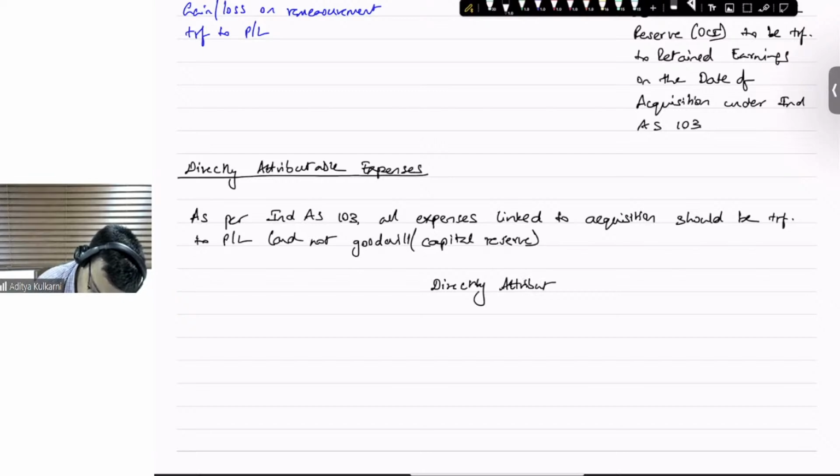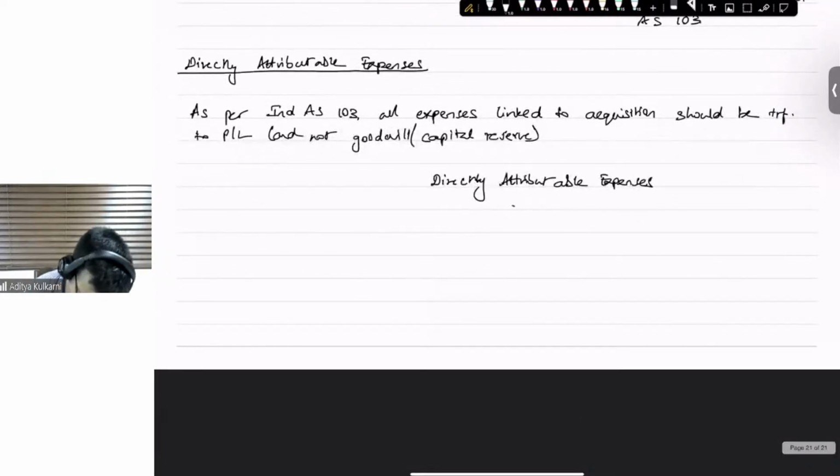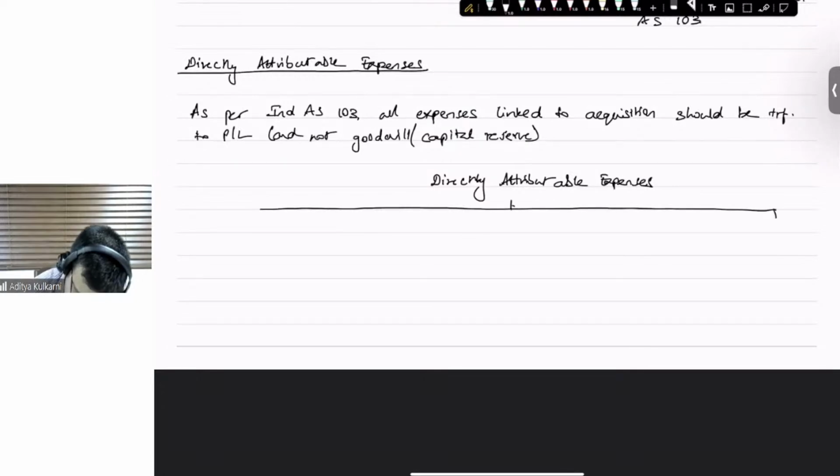So directly attributable expenses can be of two types. First one is direct cost of acquisition.